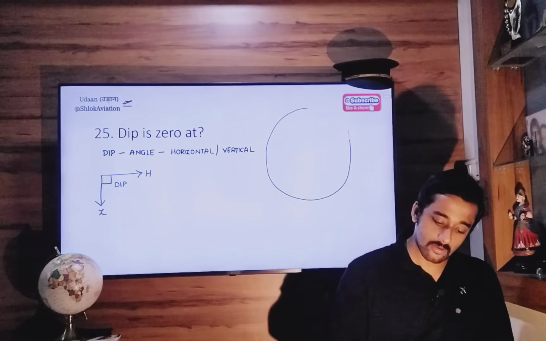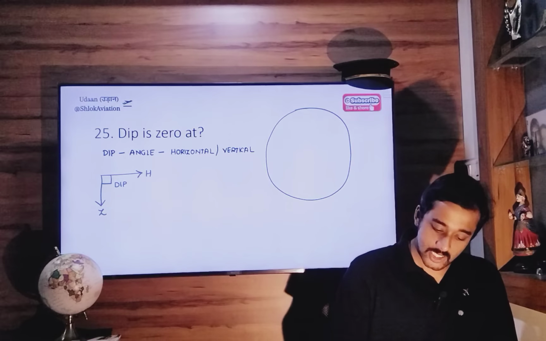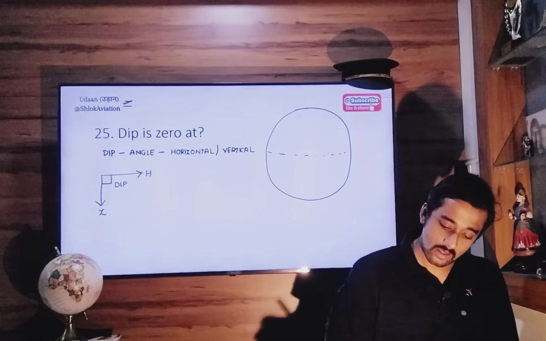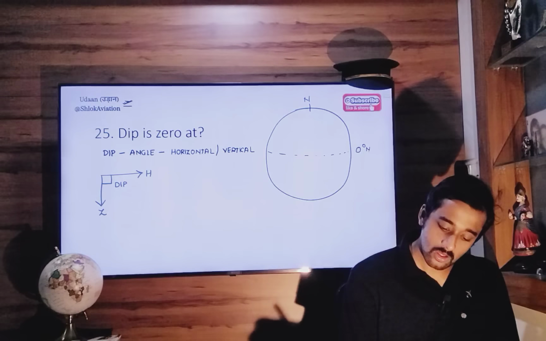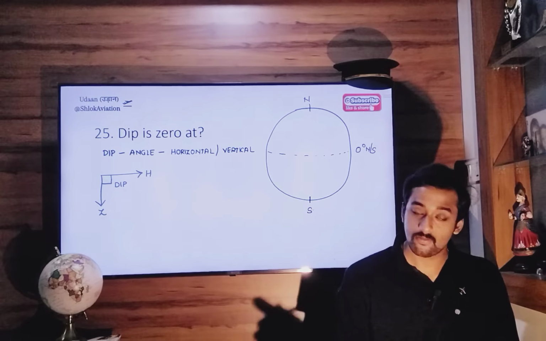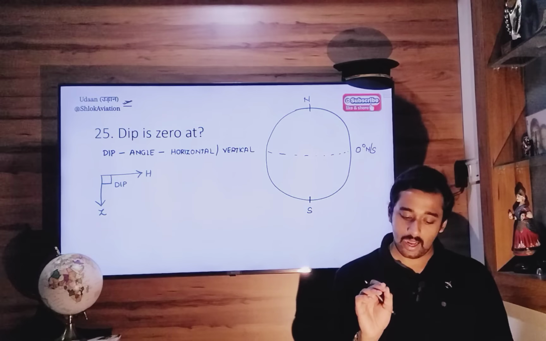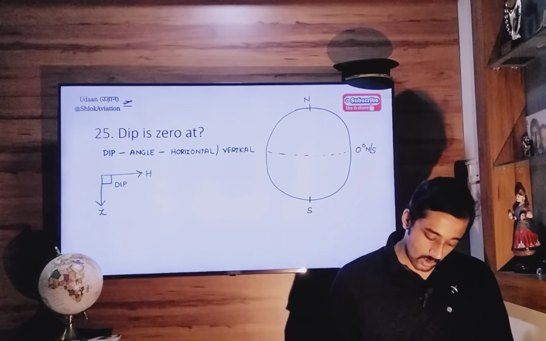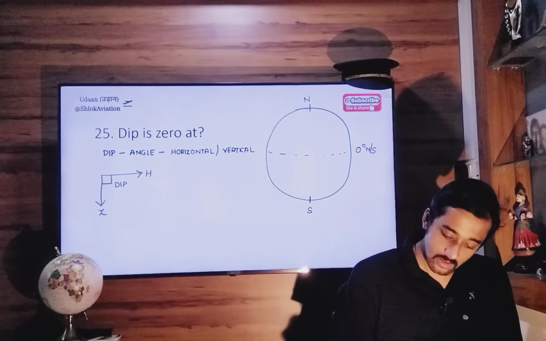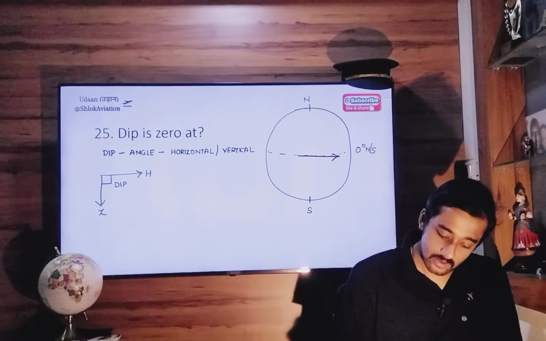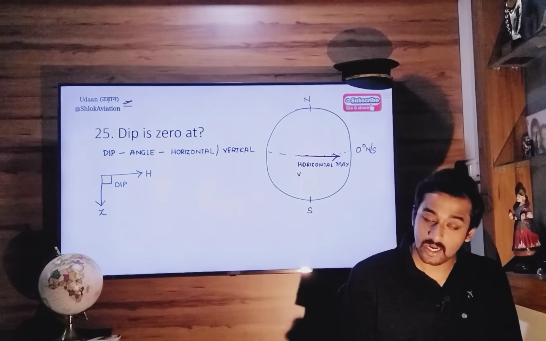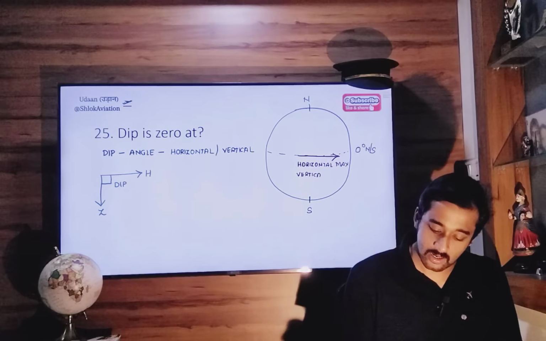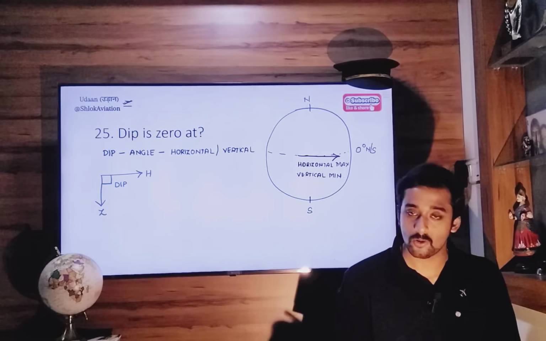Now on the Earth, let's say this is your equator, and this is your north pole, and this is your south pole, correct? Now, at the equator of the earth, the horizontal component of the earth magnetic field is maximum, and vertical component is minimum, 0.